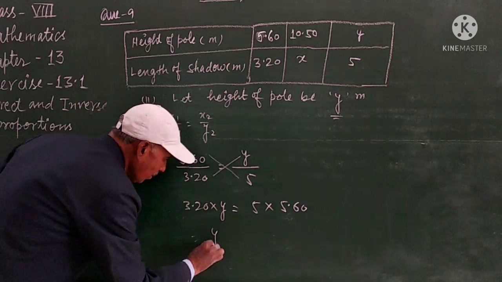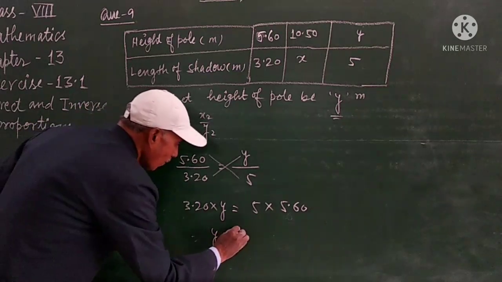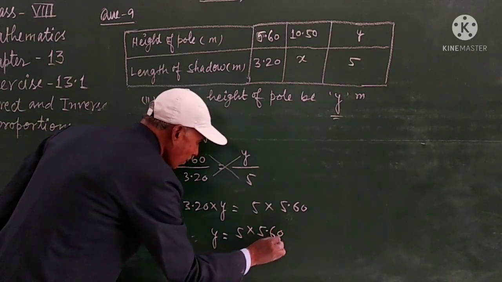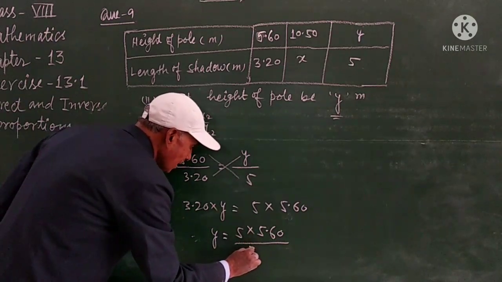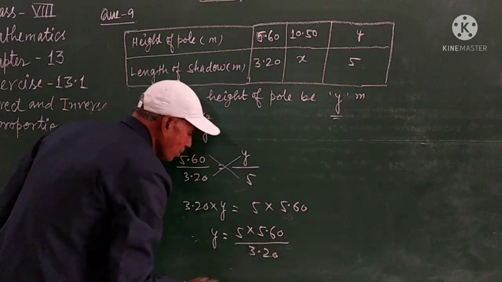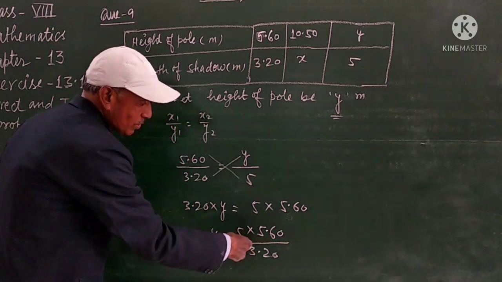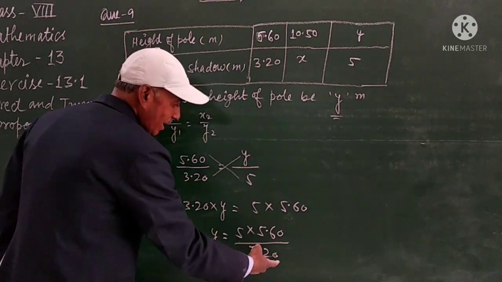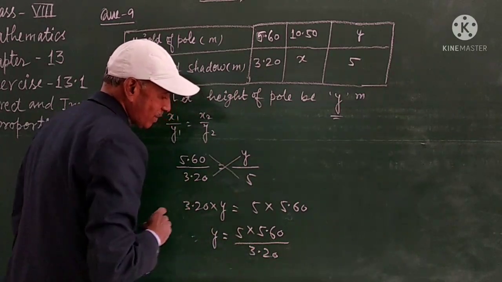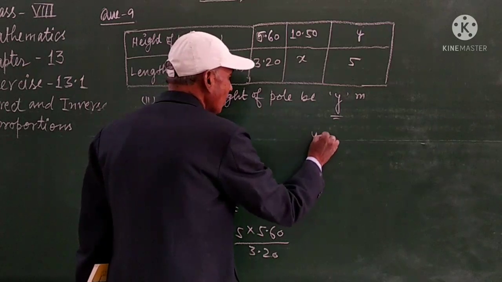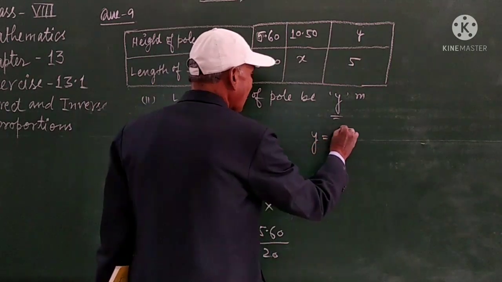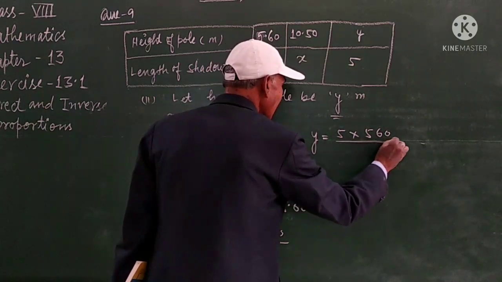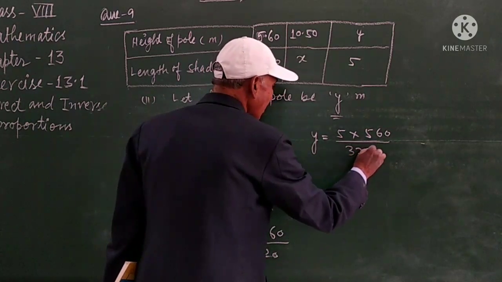Now y is equal to 5 into 5.60 divided by 3.20. So we have to remove the decimal, student, because in this there are 2 digits after the decimal, and in this also 2 digits after the decimal. So y is equal to 5 into 560 divided by 320.